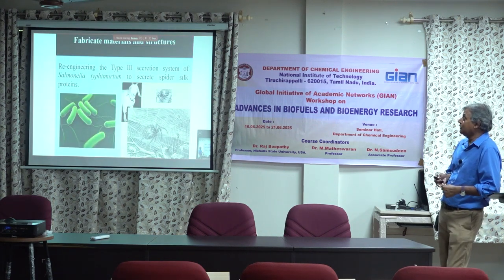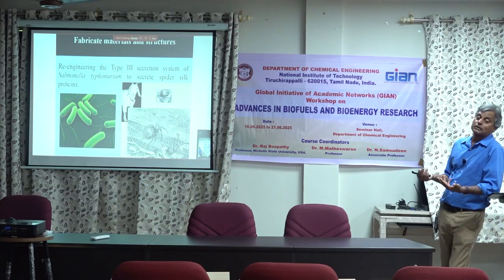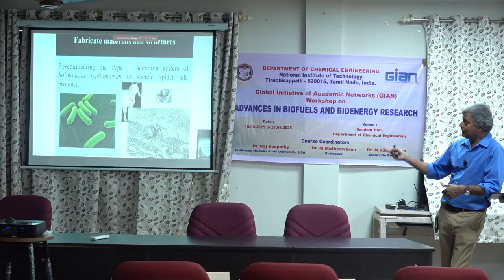Then you can re-engineer, like the type 3 secretion system from Salmonella bacteria, to make lightweight spider silk protein to make a lightweight bulletproof vest. The cops wear bulletproof vests that are very, very heavy. Nowadays, bulletproof vests are very light. In the US, they are made with this spider web protein.